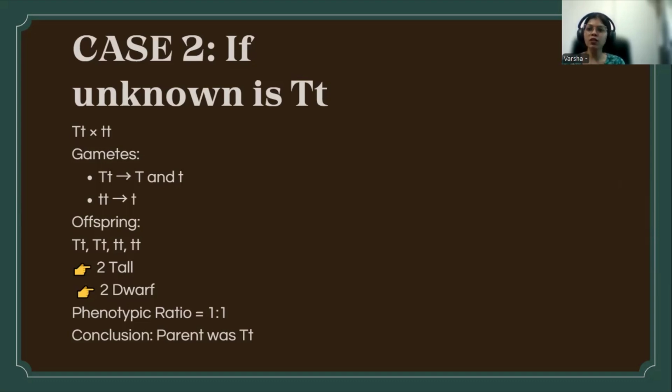And when you cross them, you will get two different types of phenotype: two tall plants, two dwarf plants. So the ratio becomes 1:1. And that's how you know that the unknown plant that you have taken is a heterozygous dominant.